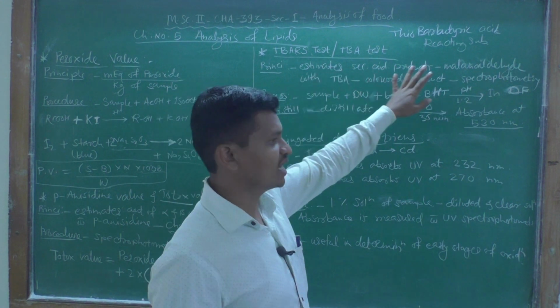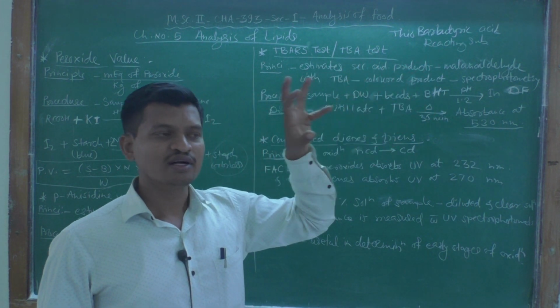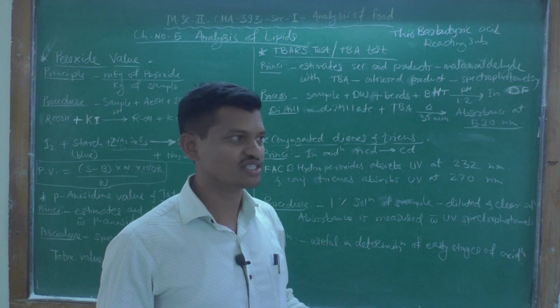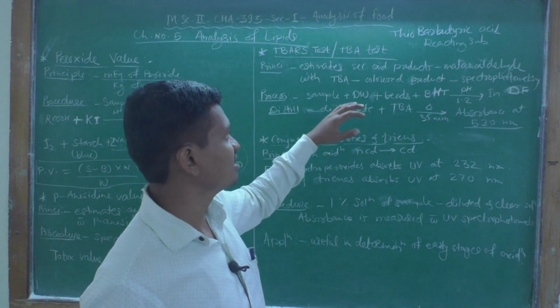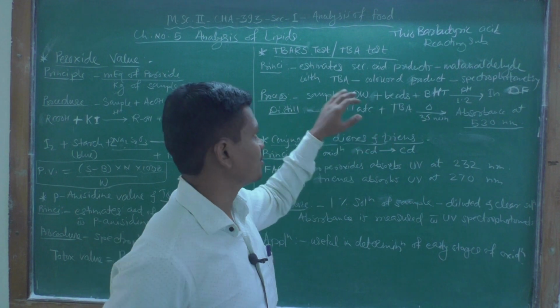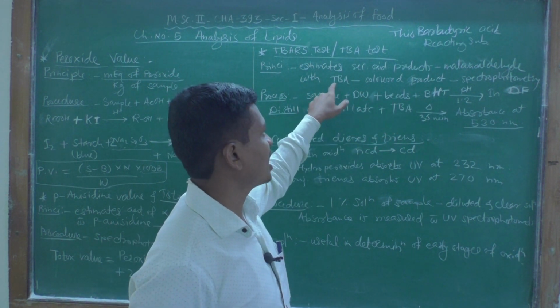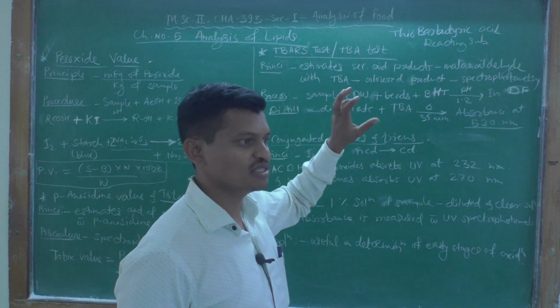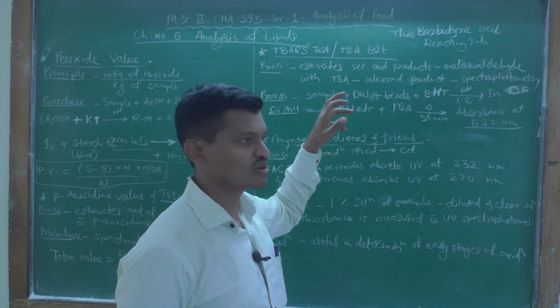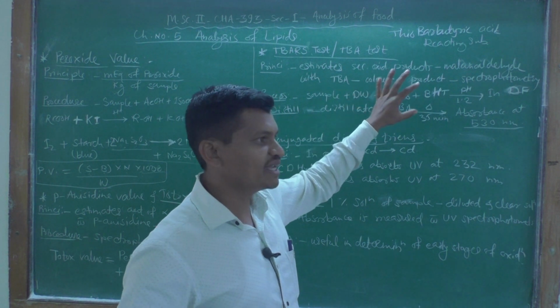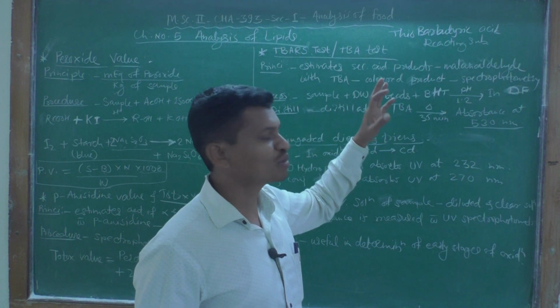Okay, now what is this TBA test? The malonaldehyde present in our lipid sample as a secondary oxidation product of lipid oxidation is treated with TBA. So what is this TBA? Thiobarbituric acid. Thio means the sulfur atom is there, that's why it is called thiobarbituric acid. Then by the reaction between them a colored product is formed.